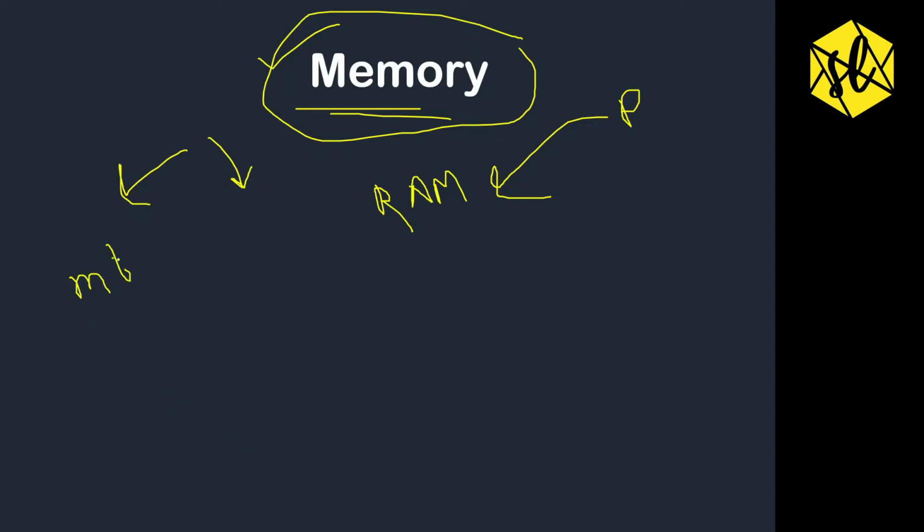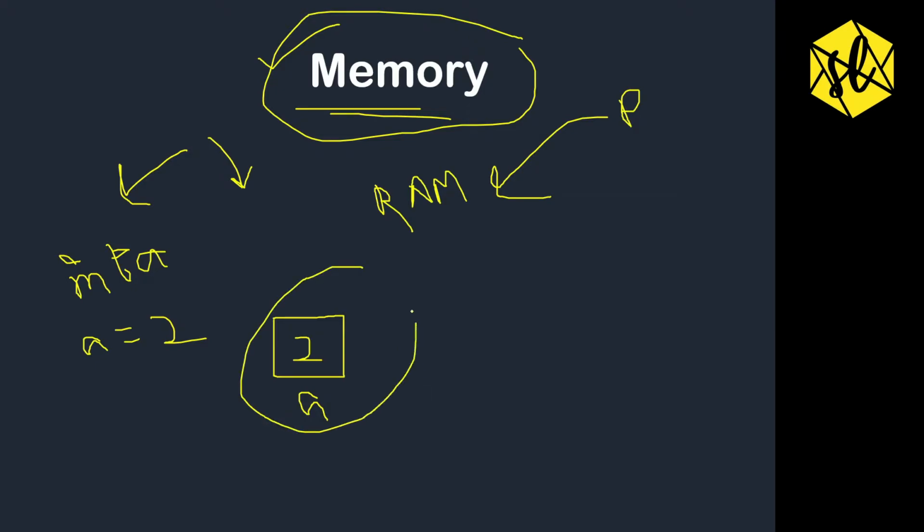If we take a variable int a, then a block of memory is reserved in the RAM whose name is a. If we give the variable a value, then the value is stored inside it.